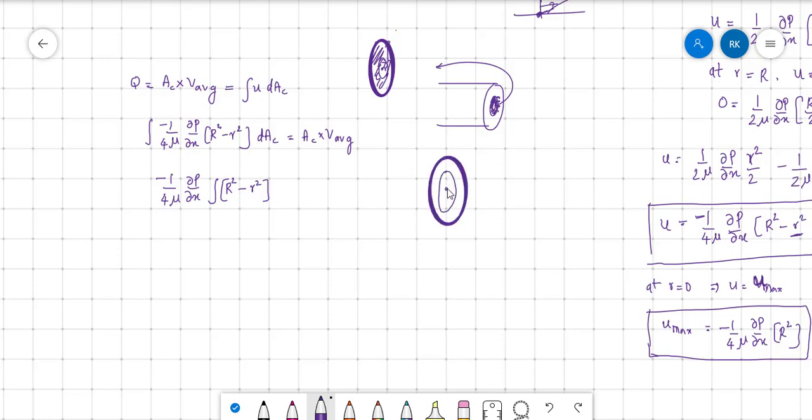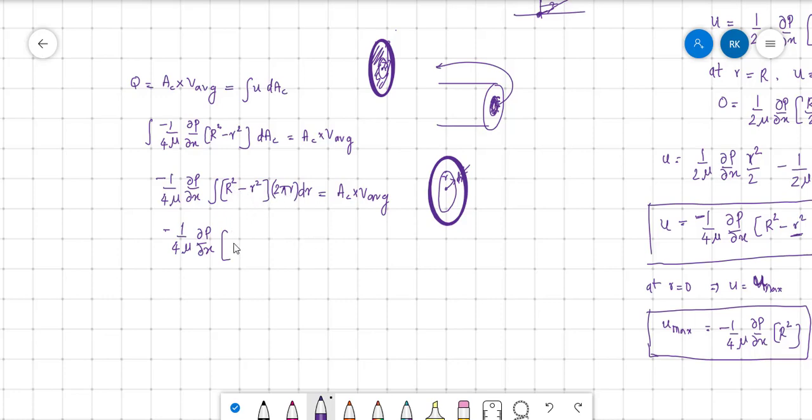So this is radius r and this small length is dr. So what will be the area? 2 pi r into dr. That is equal to Ac into V average. So minus 1 by 4 mu dou P by dou X, integration of r square 2 pi r dr.